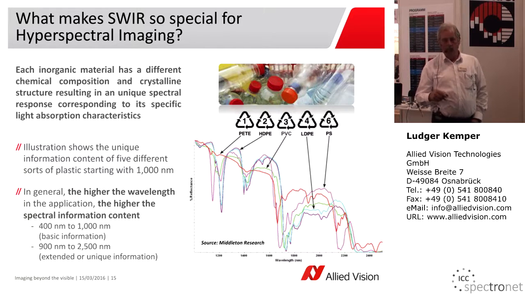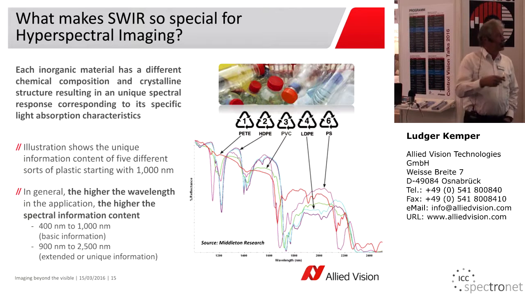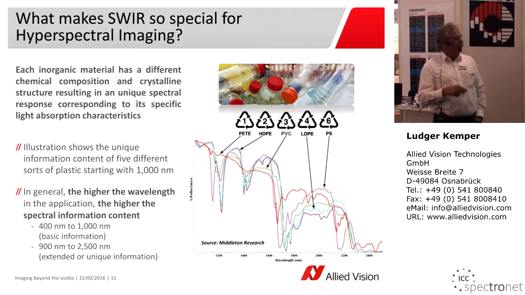And the recycling industry is a cost-sensitive area, so mostly they want to use the cheaper range because it is a question of costs. Today there are different lessons about hyperspectroscopy where you go into more detail, so I didn't want to expand on it here.